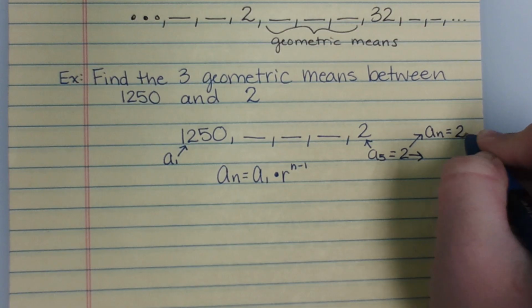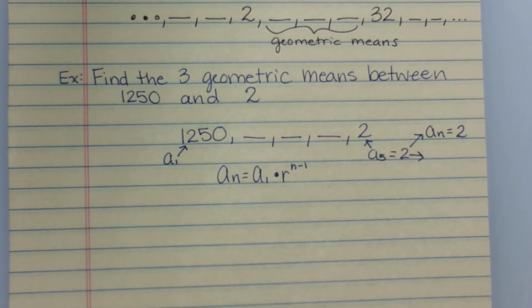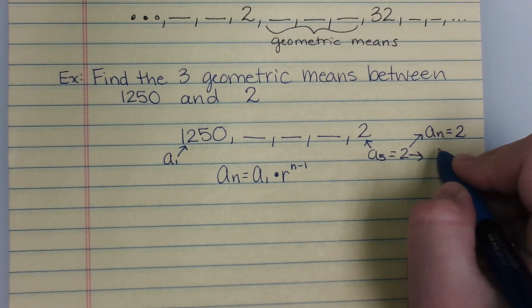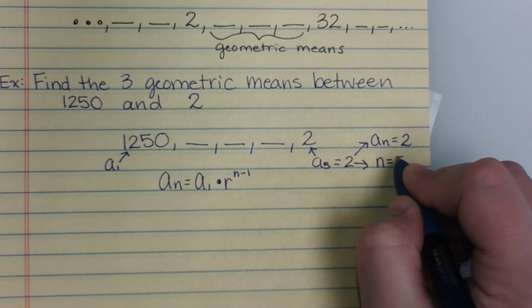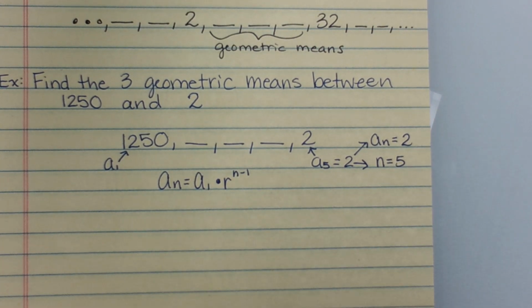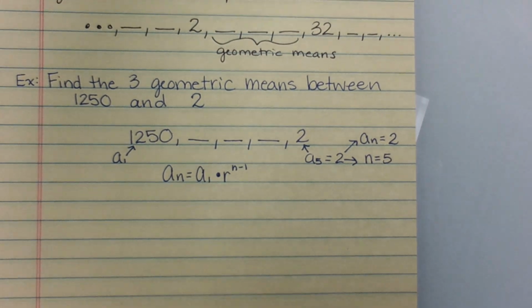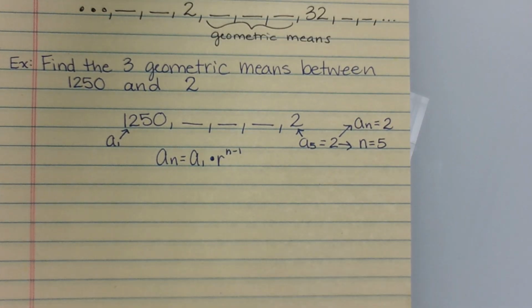A sub n being 2, what other variable does it give us? N. My bad. The subscript is n, the number it's equal to is the term, which is a sub n.